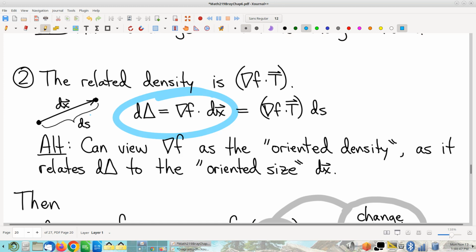But if you have an input displacement, and you want to know the output change that corresponds to that input displacement, well, dot product with the gradient does it. Now, of course, we can rewrite the dx vector as T ds, and having rewritten dx as T ds, now I'm going to take a sort of different point of view on what I had circled in blue.